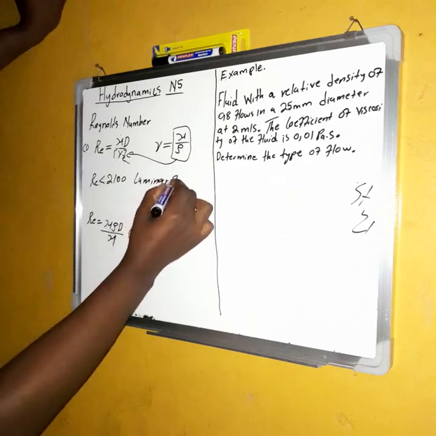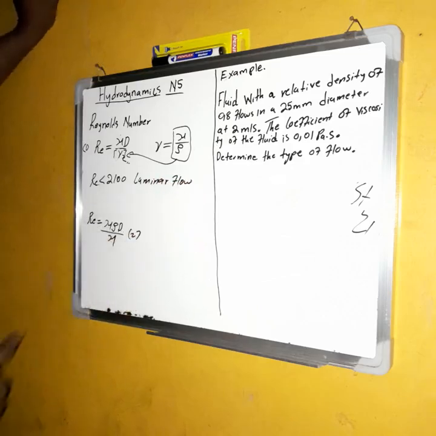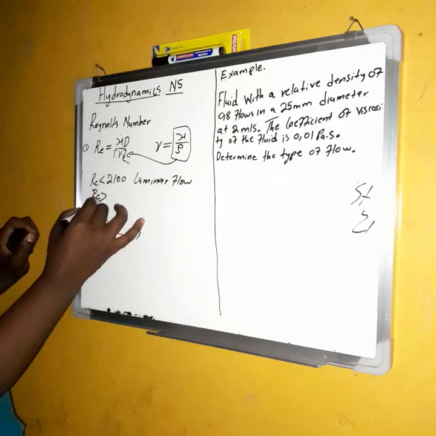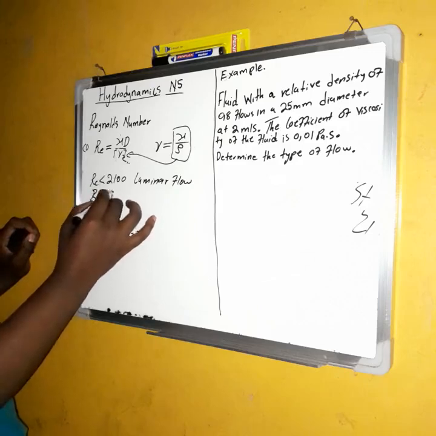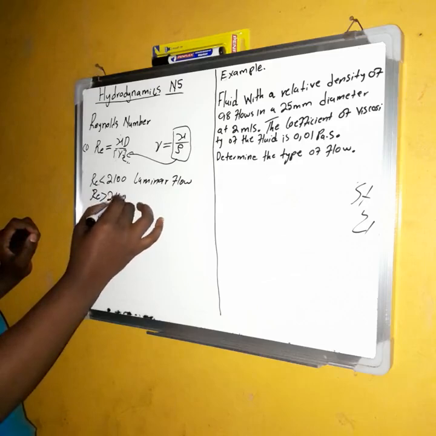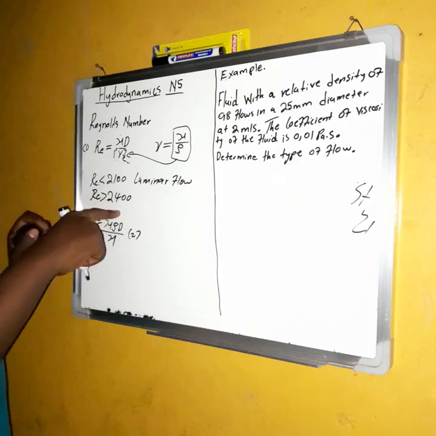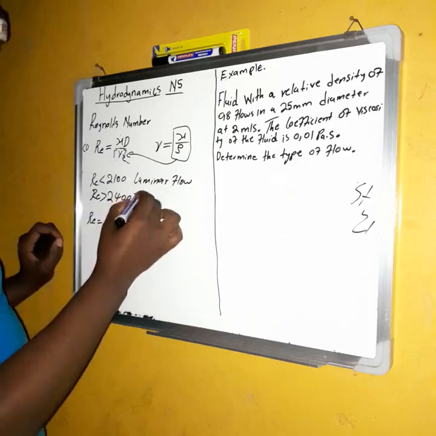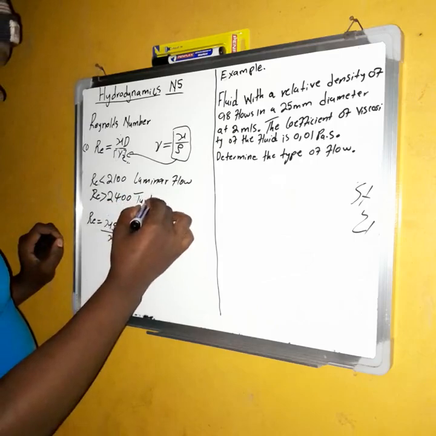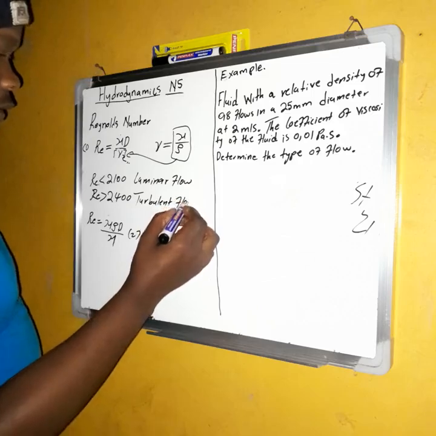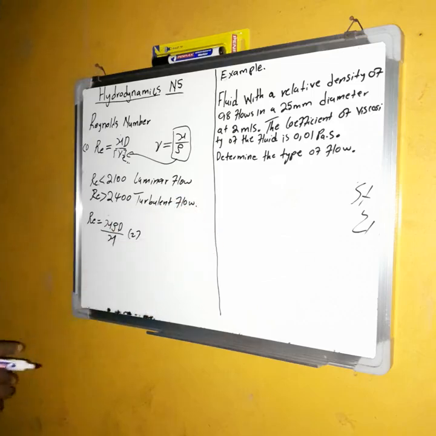Then if the Reynolds number is greater than 2400, we call this a turbulent flow. This is a Reynolds.